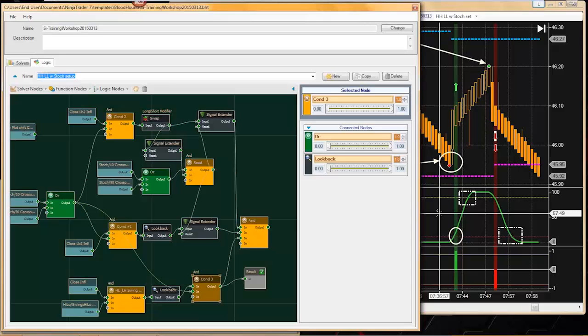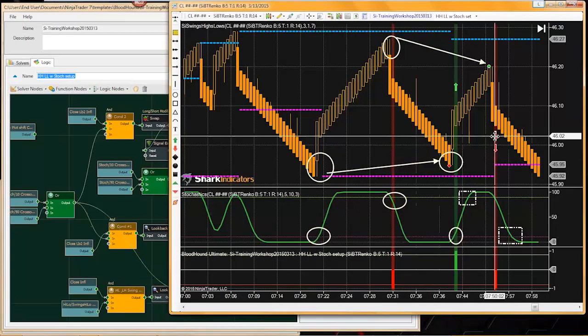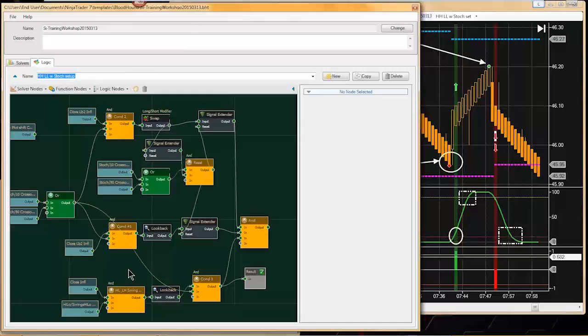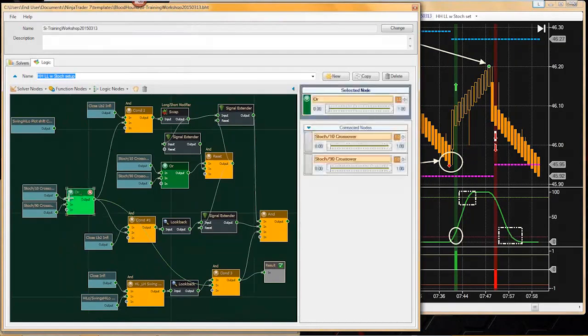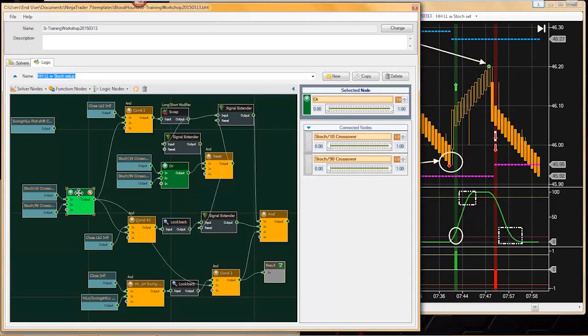There we go. So there is our short output for condition 3. Yep, all right. So remember we had to use the OR node from these two crossovers to get us both long and short trade signals into each of the condition 1, 2, and 3.